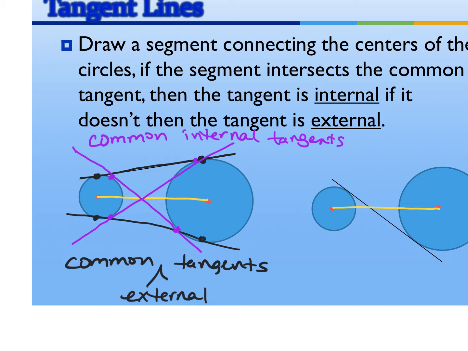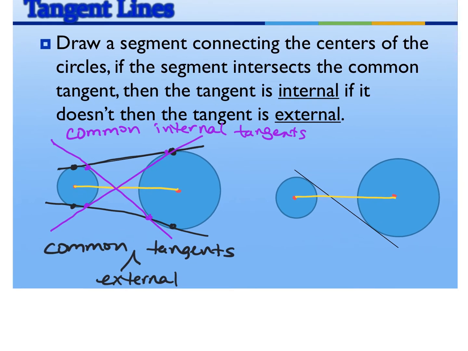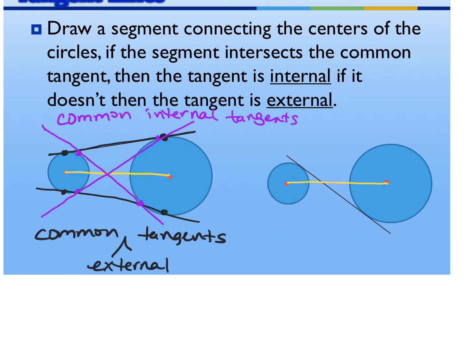I can do the same thing on the next circle. I could draw in the same 2 externals, because it's the same 2 circles. Those are the externals. And then again, just like I did in the other picture, they've drawn the first common internal, and here's the second.